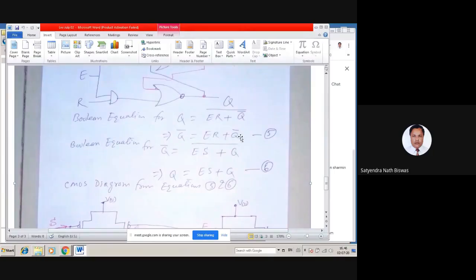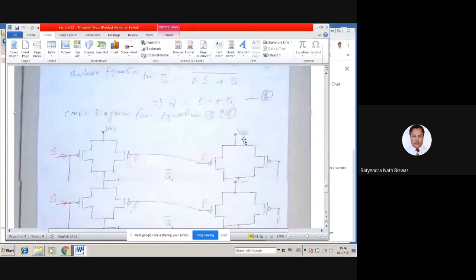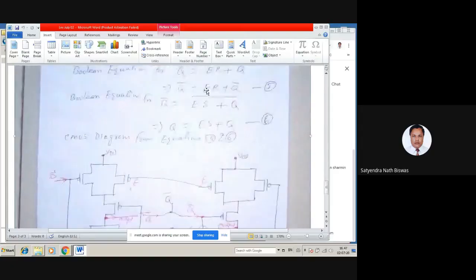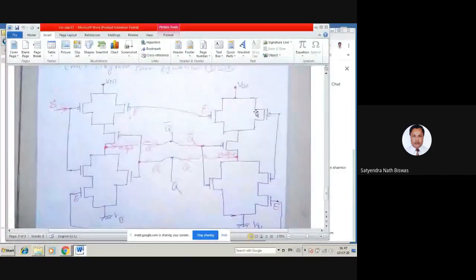E and R will be an AND gate, so that means the PMOSes will be parallel here, E and R PMOS, and the Q bar PMOS will be in series. So E and R, you see here, PMOSes are in parallel, and then the Q bar will be in series.